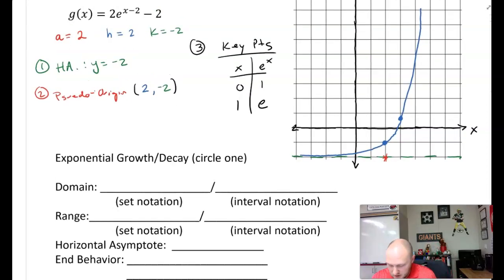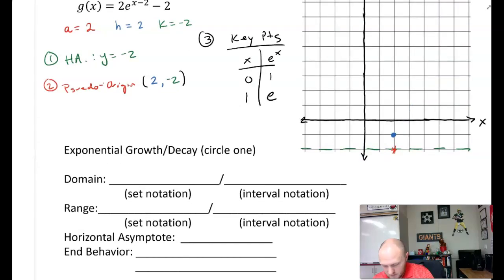Oh, actually, these points, let me do this. I forgot, those key points, we need to multiply by our a value. So I have to multiply my y values by a, which is 2. So I'm going to multiply by 2, multiply by 2. So instead of up 1, I'm going to go up 2.